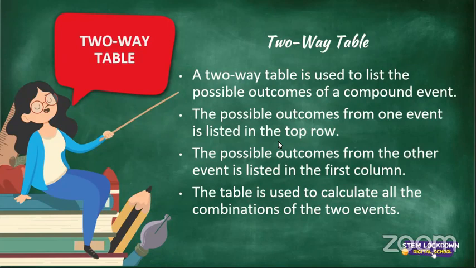Now, a two-way table is used to list possible outcomes of a compound event. The possible outcomes from one event is listed in the top row. The possible outcomes of the other event is listed in the first column. And then the table is used to calculate all the combinations of the two events. Now we're quickly going to have a look at that.